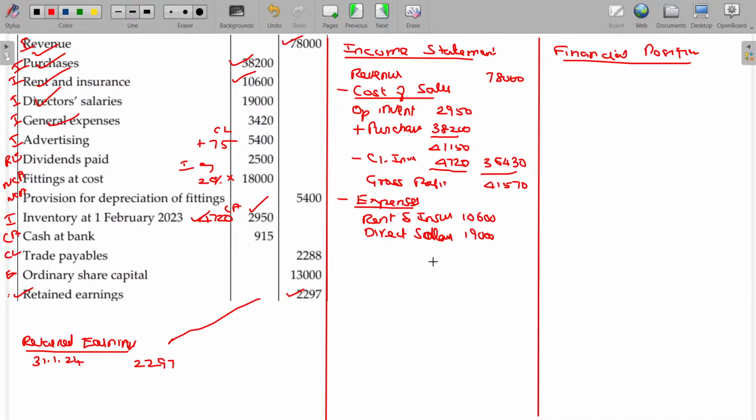General expenses 3,420. Advertising, this one is pending. Anyhow, 5,400 plus this one 5,475.